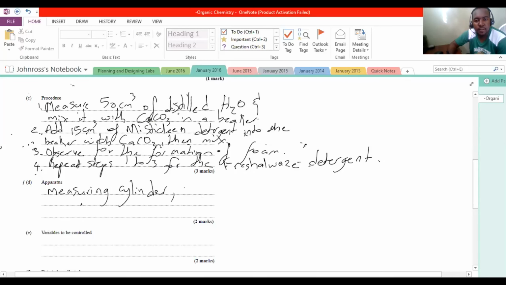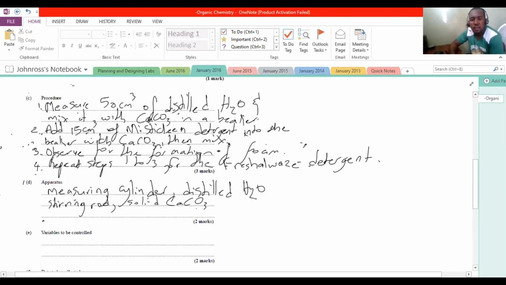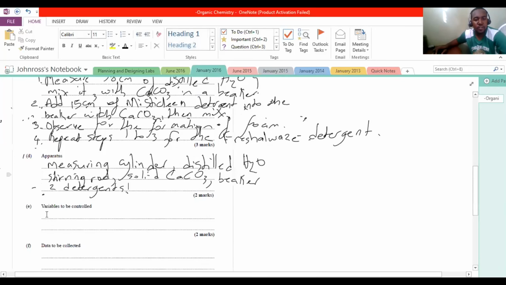We add distilled water. We had a stirring rod. We also had the solid calcium carbonate. We had the beaker to mix it in. And then finally, we have our 2 detergents.